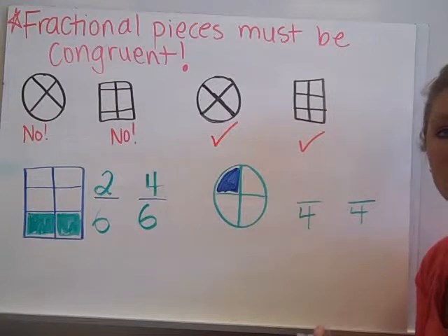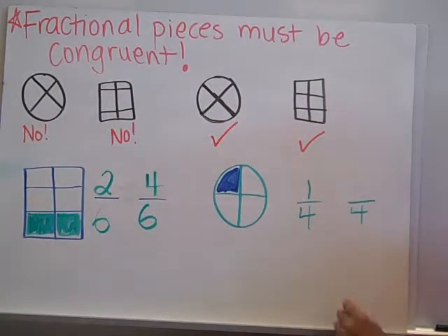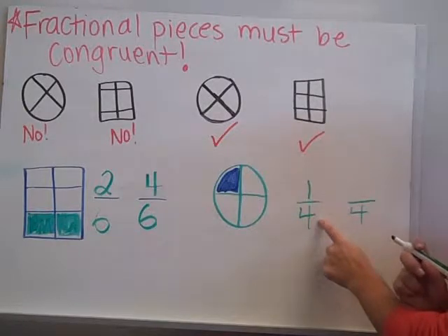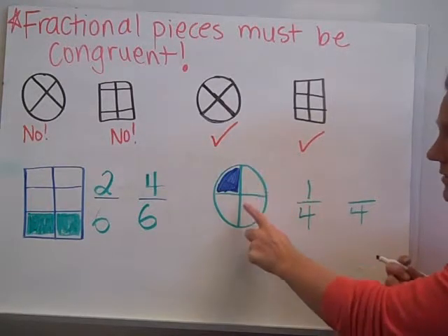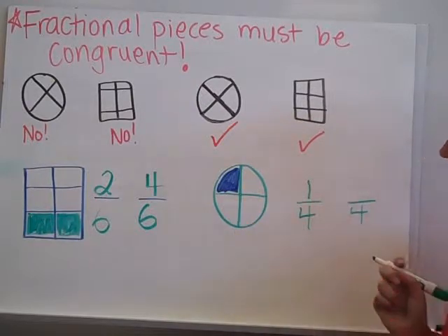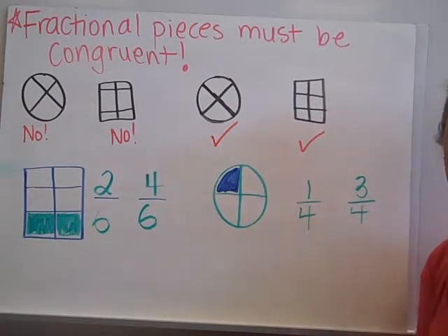So I'm going to count the blue pieces, and I only have 1. So this reads 1/4. 1/4 are shaded. And again, I want to count how many are not shaded. How many are not blue? 1, 2, 3. So 3/4 are not shaded.